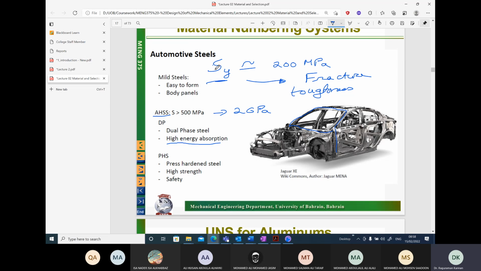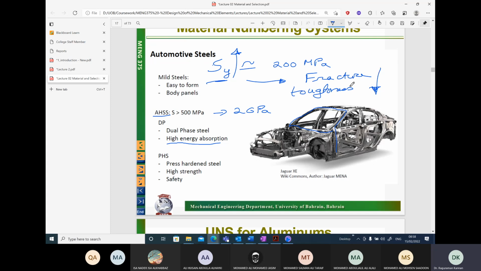How do we do that? There is a process called cold working by which we can increase the yield strength of the material. But when you do that, automatically the fracture toughness goes down. As you increase it, the material becomes more and more brittle rather than ductile.